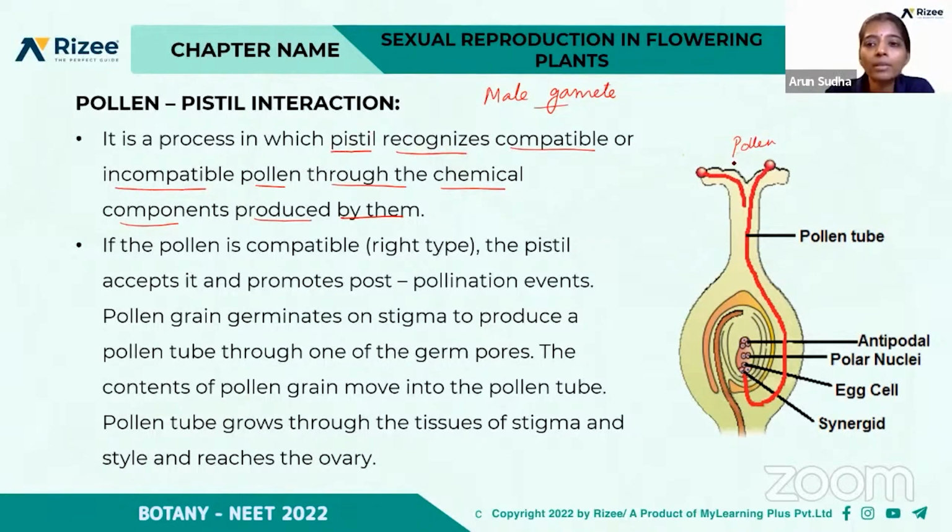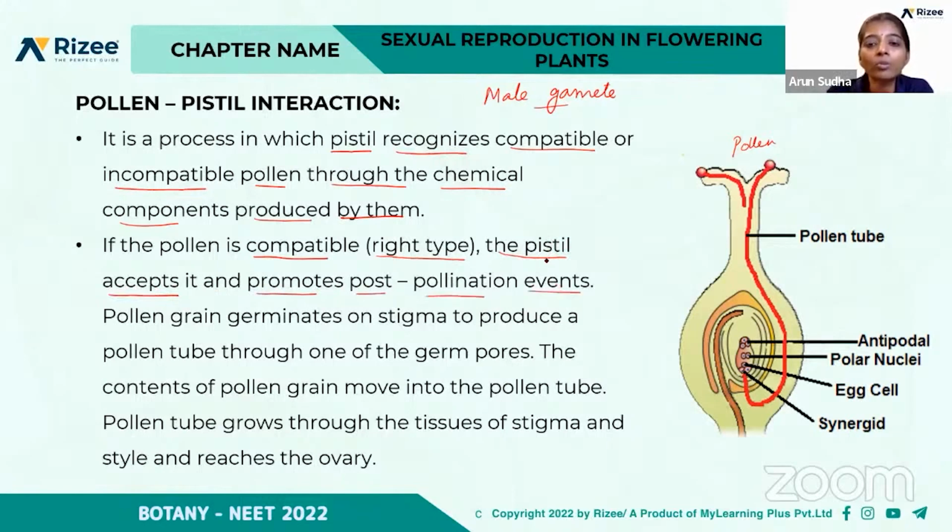So when the pollen sticks to the stigma, the stigma secretes some substances, so the pollen swells up, right? If the pollen is compatible, that is, the right type of pollen lands on the stigma, the pistil accepts it and it promotes the post-pollination events.